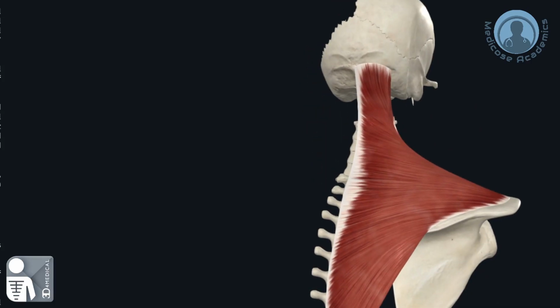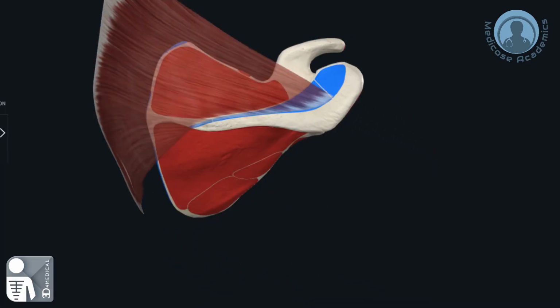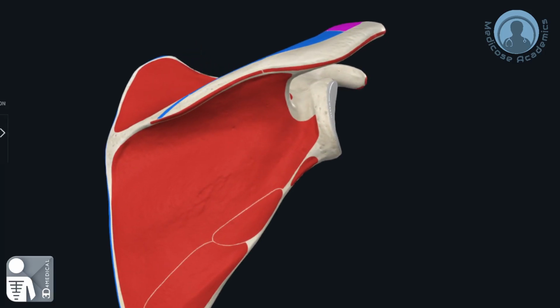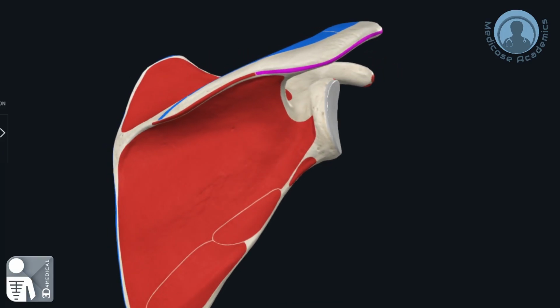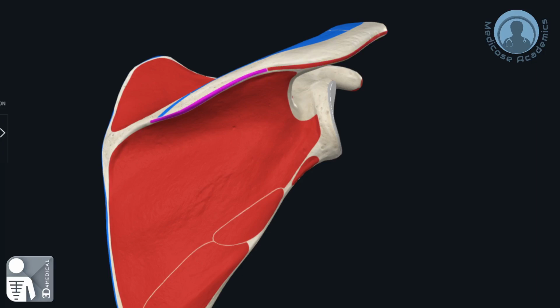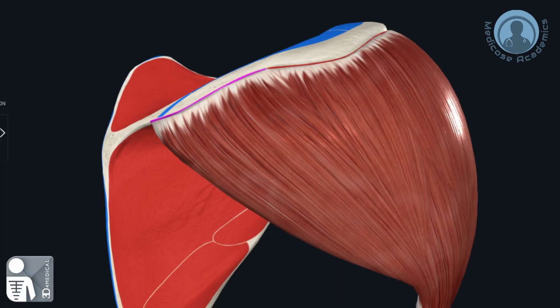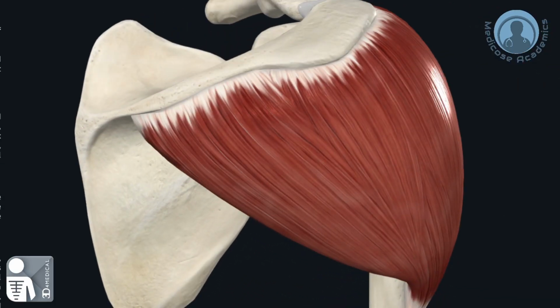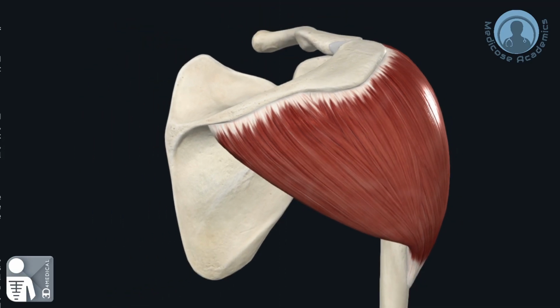And then the muscle that is on the inferior lip and on the outer surface of acromion and inferior lip of the crest of spine of scapula is the deltoid muscle that makes up most of the curvature of the shoulder joint.